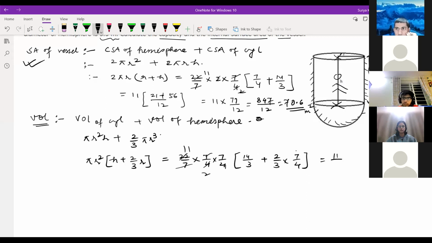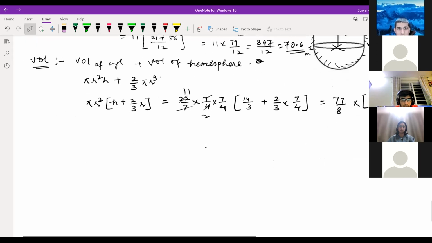So we can write here 77 by 8 again, right? 77 by 8 into 14 by 3 plus 14 by 12. We can write it as 77 by 8 multiplied by LCM 12.